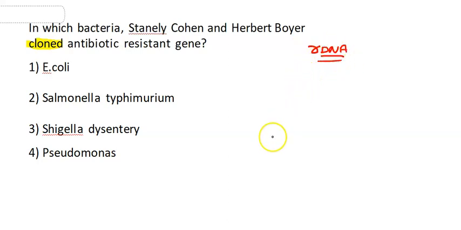I will explain the process. First of all, we will take one antibiotic resistant gene. Consider this as an antibiotic resistant gene. Let me write here: antibiotic resistant gene.